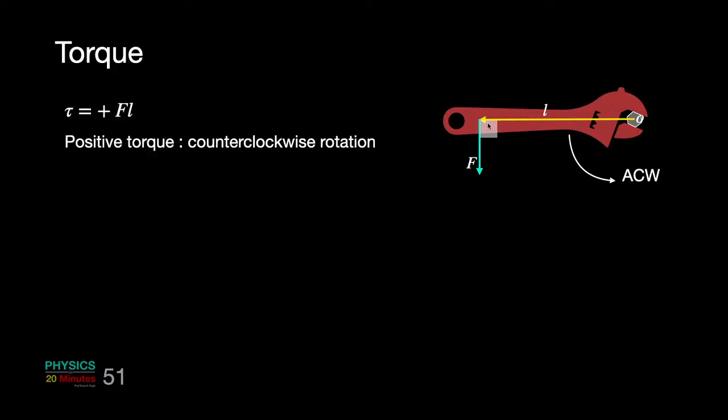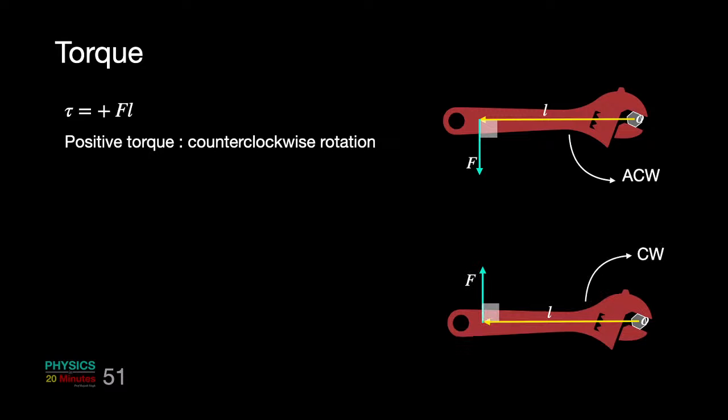It is considered a positive torque if it is producing an anti-clockwise or counterclockwise rotation, or negative torque otherwise. Suppose the force is working in this direction, then the wrench will move this way. This force will produce a clockwise rotation, and therefore the torque produced by it is going to be a negative torque. So we will write it as minus F into L.